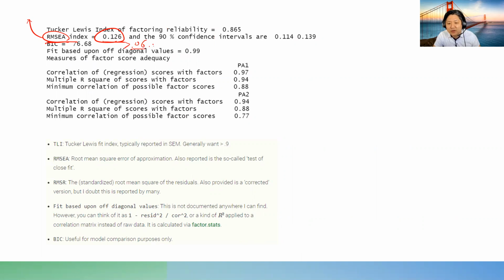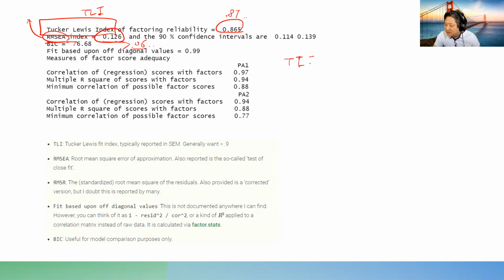But we can consider other measures as well. And TLI, this is the Tucker-Lewis index. This is almost 0.87.